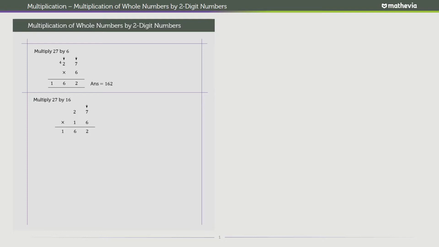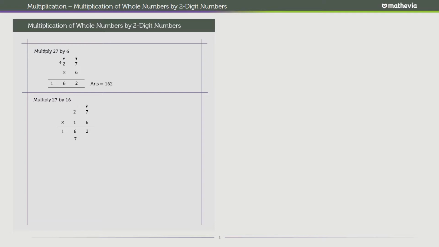When you're multiplying with the second digit, your results start under that digit. So you don't start from the end. Multiplying with 1, 1 times 7 equals 7, you write 7 under 1. You don't write 7 under 7, you write 7 under 1.